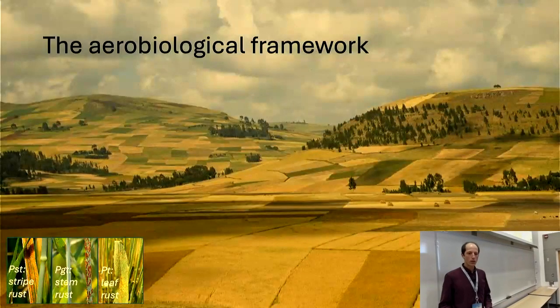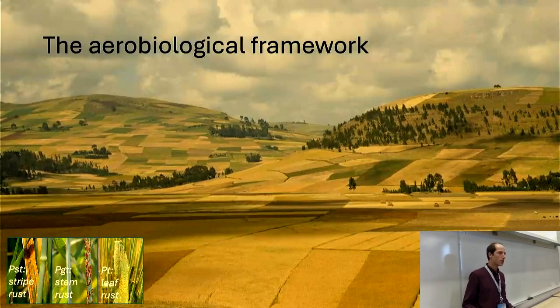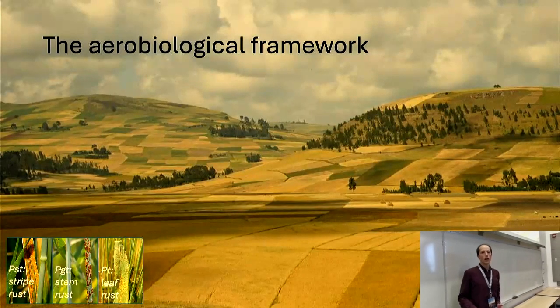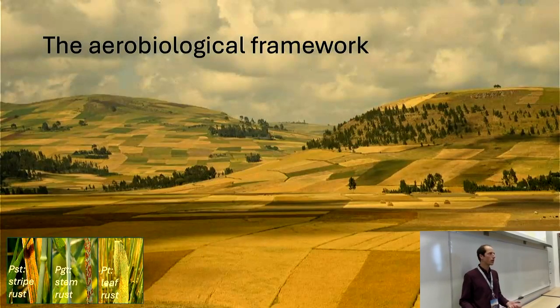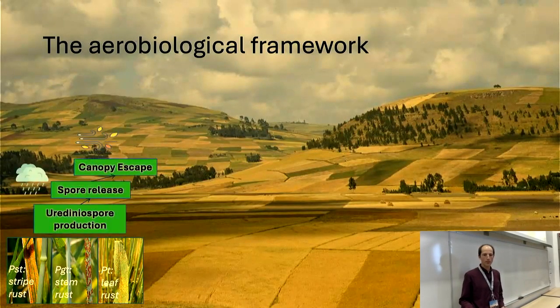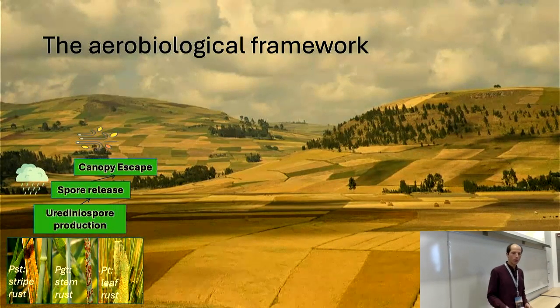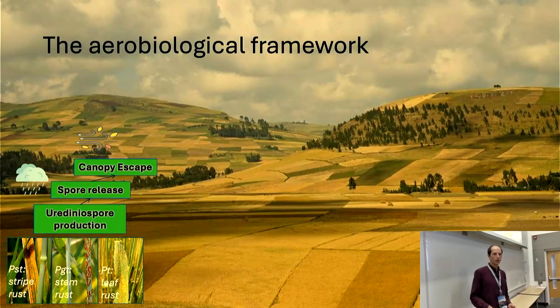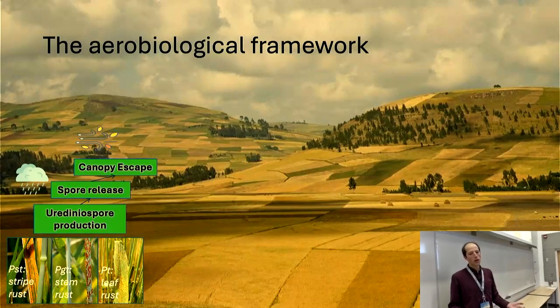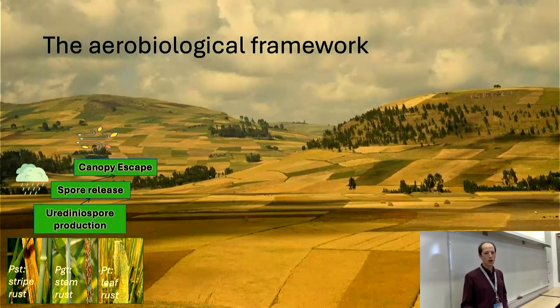Okay, so the models we have for the pathogens of stripe rust, stem rust, and leaf rust, we're following the aerobiological framework for the spore dispersal and the spread of disease that way. So from production in infected sites based on field surveillance, there's weather conditions that drive the spore release and the escape from the canopy.